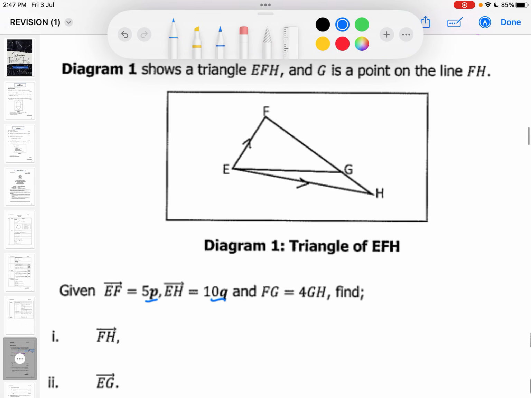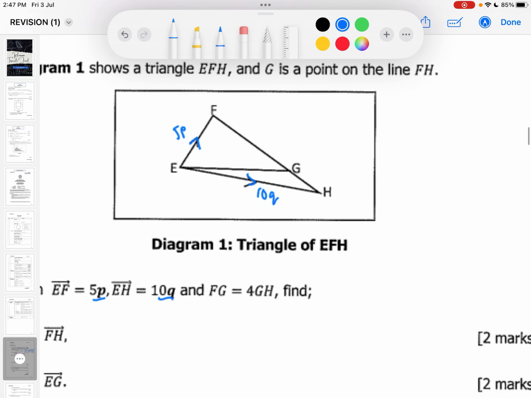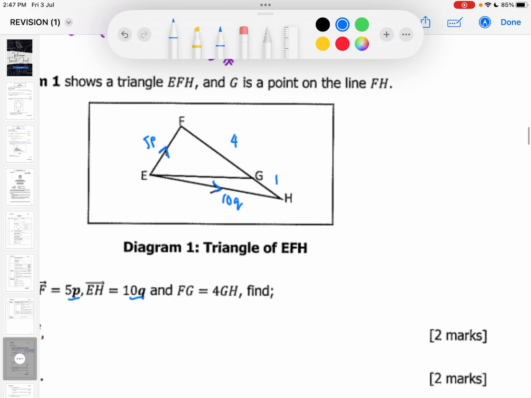So EF is 5p, EH is 10q, and FG equals 4GH, so FG and GH have a 4:1 ratio, because 1 FG is equal to 4GH.